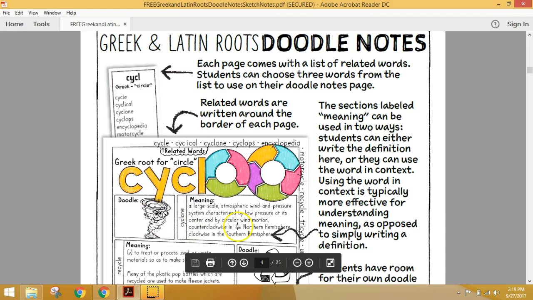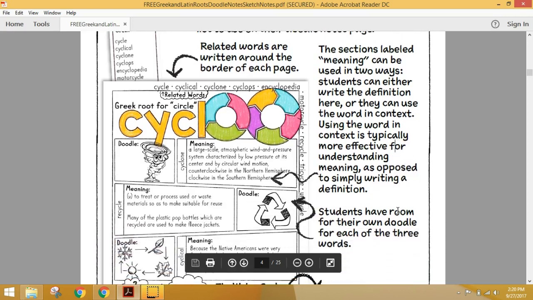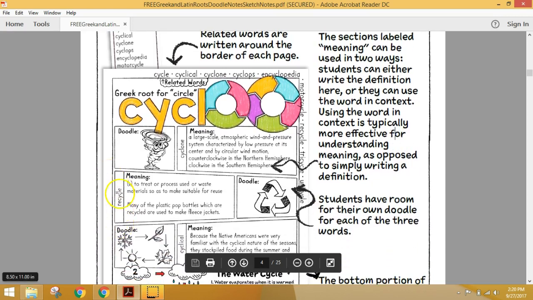You would draw it, and then you would either define it or use that word in a sentence. According to them, using the word in a sentence is more effective for your memory, okay? Then you pick another word from your word list or your vocabulary flip book, doodle it, define it, or use it in a sentence.